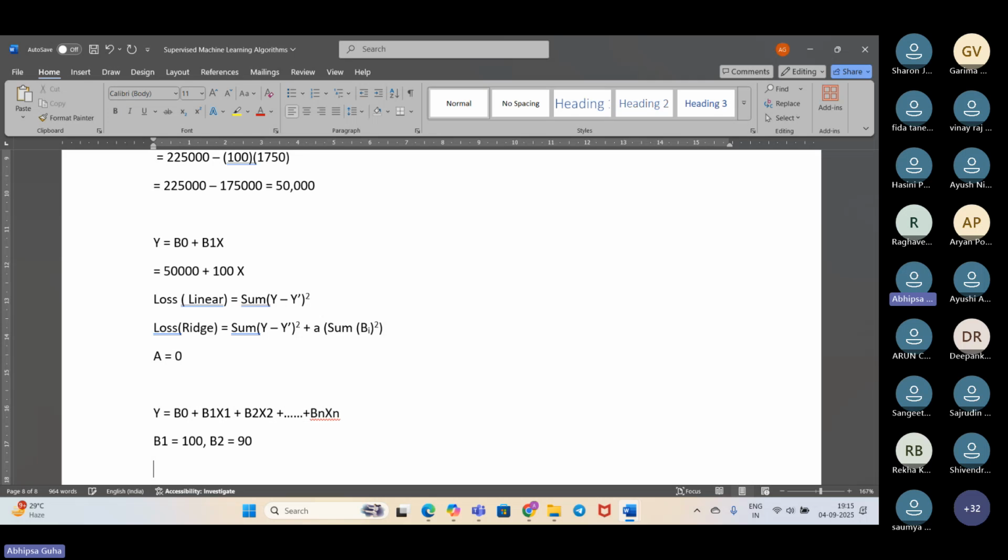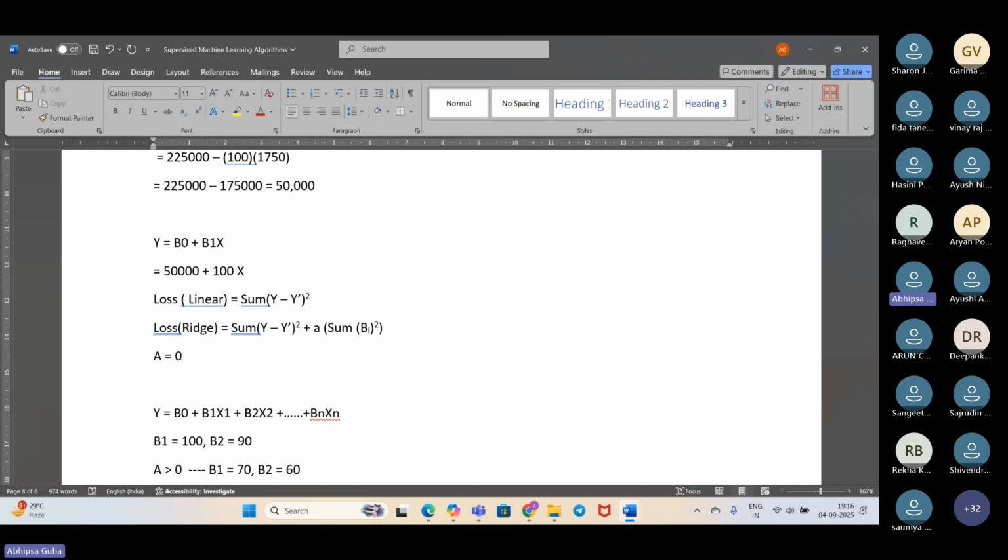But in ridge regression, where alpha is greater than 0, not equal to 0, the values of b1 and b2 get lesser. If alpha is equal to 0, it will be linear regression. We can reduce b1 and b2 to prevent overfitting. Suppose b1 goes to 70 and b2 to 60, in this range.